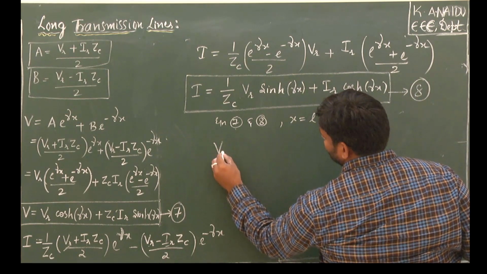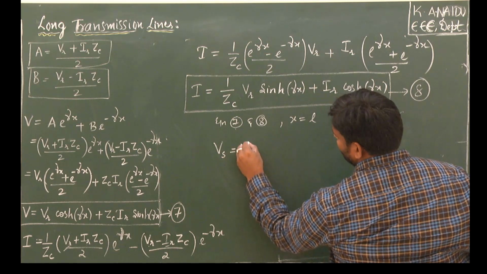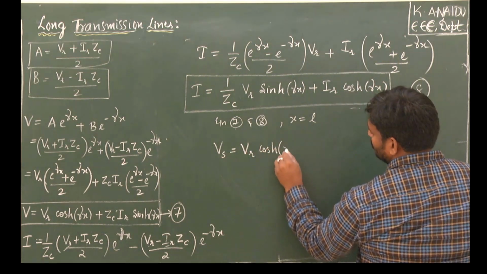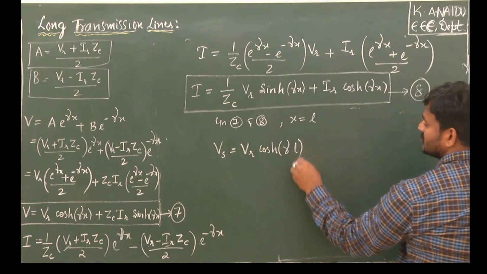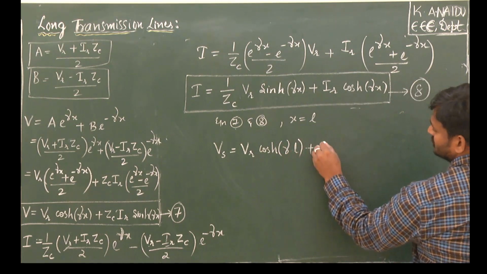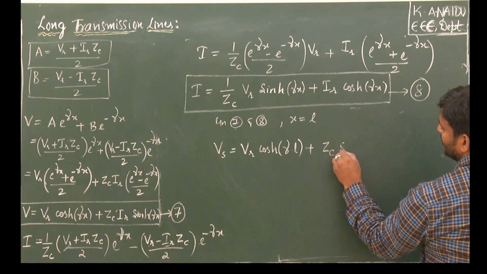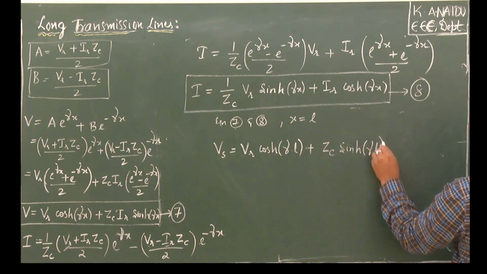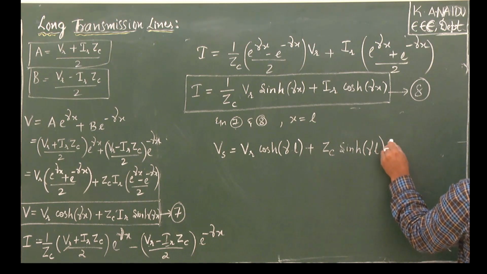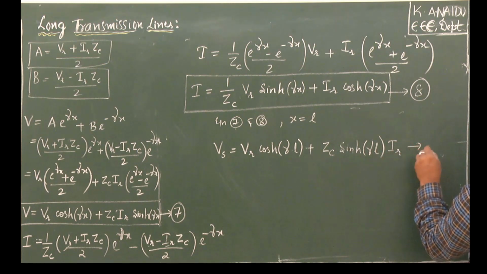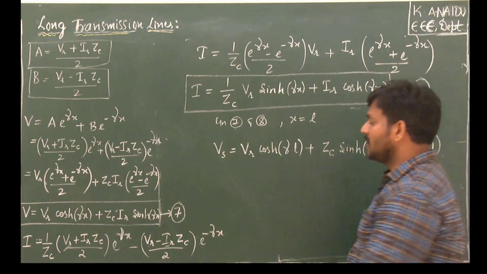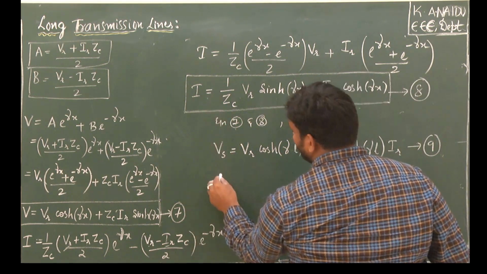So Vs is equal to Vr into cos h of, what is x? X is L. Okay, cos h of gamma L, plus Zc sin h of gamma L into IR. So let us take this as equation number 9. Similarly, you substitute in equation number 8 the boundary conditions.